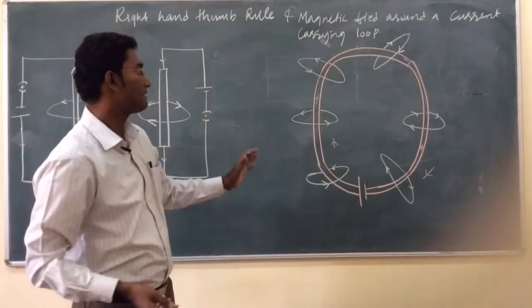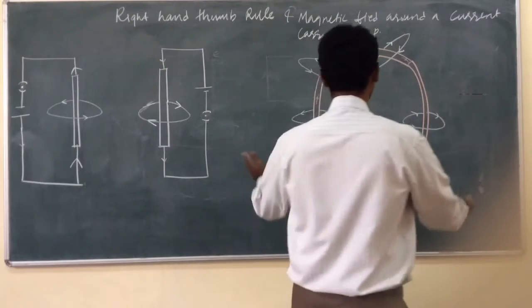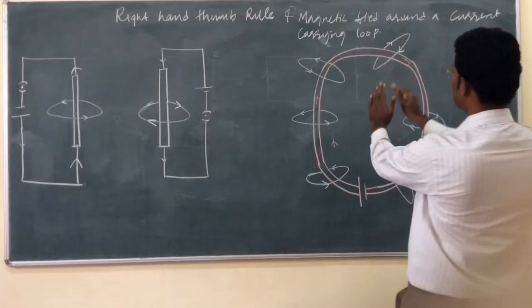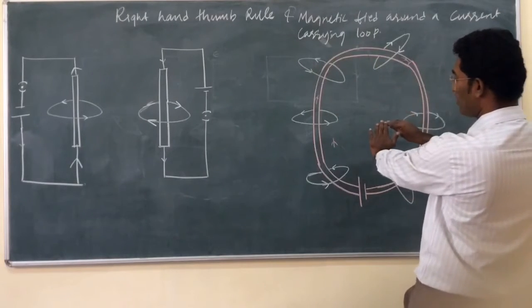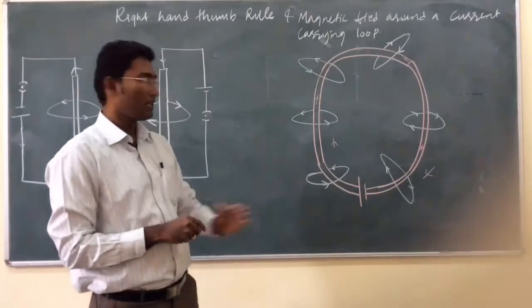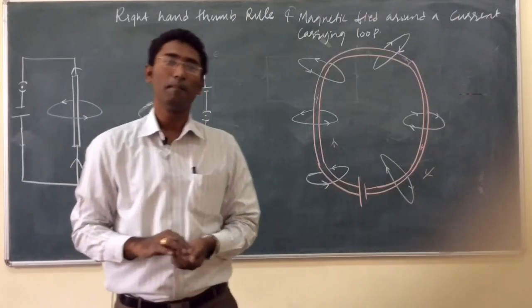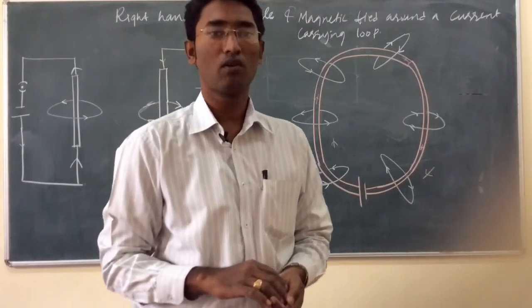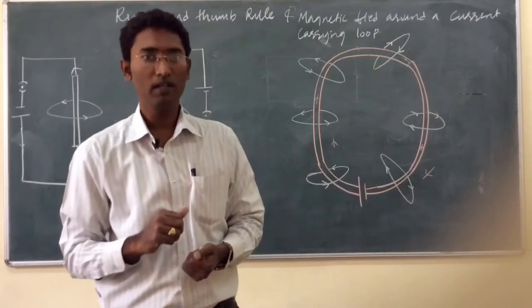So what we can see is, imagine this as a tunnel. The magnetic field is going inside into the loop, if this is the direction of current. So this is the nature of a magnetic field which is produced around a loop of a wire, or a circular loop of a wire.